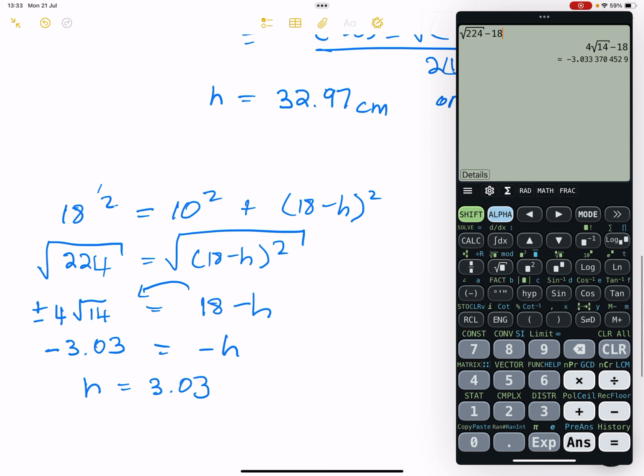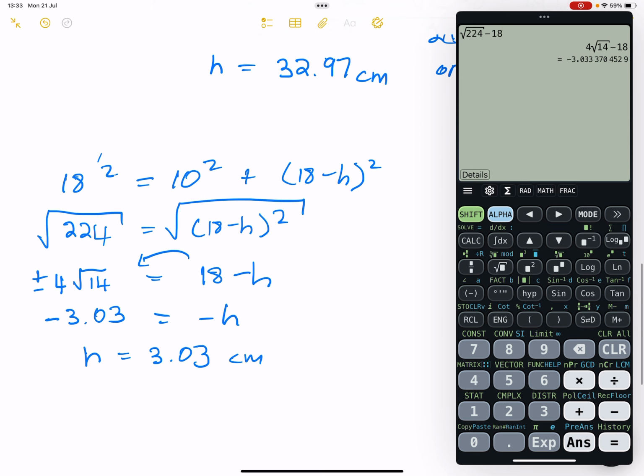Okay. And the other value, remember it's plus or minus. So I'll have negative the square root of 224, that's minus 18.